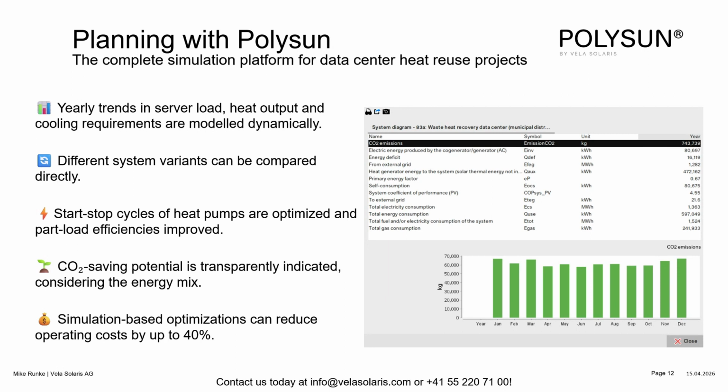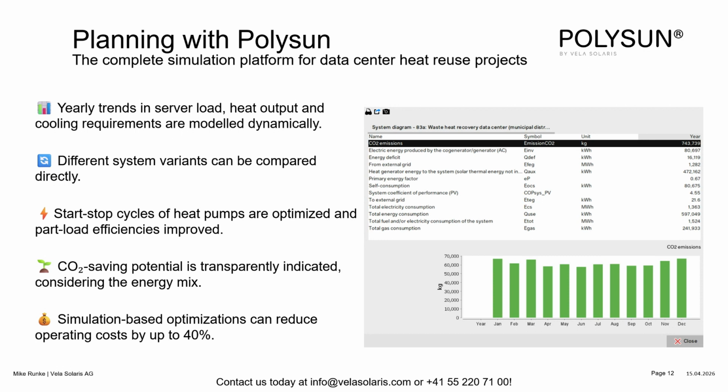So exactly what does Polysun do for waste heat utilization in data centers? As we saw in these different use cases, we have yearly trends in server loads, for example. We can check how the heat output and the cooling requirements look in the specific simulation. We also have different system variants that can be compared directly.